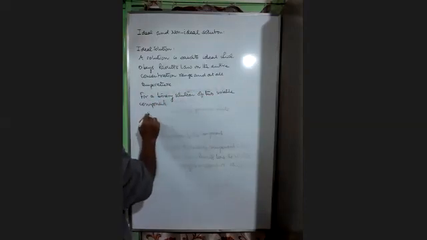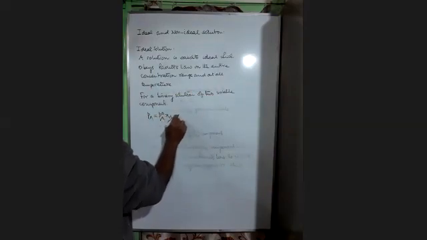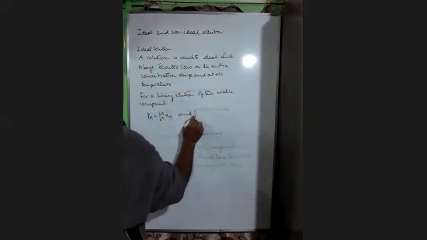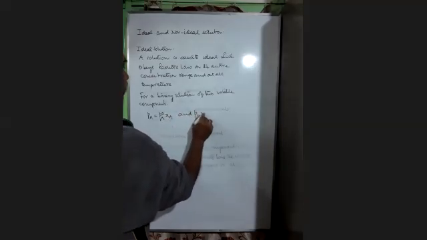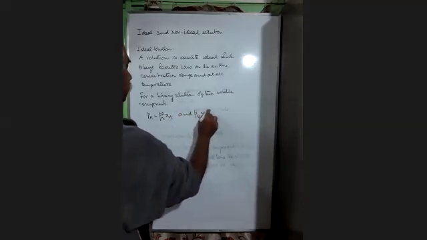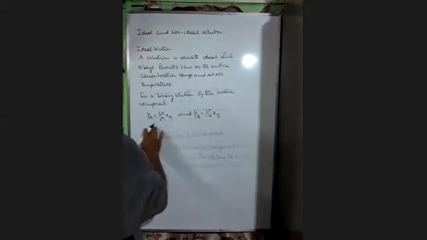We know that PA would be equal to PA0 χA and PB equal to PB0 χB. This is the condition. So please remember, any solution which obeys this rule is called an ideal solution.